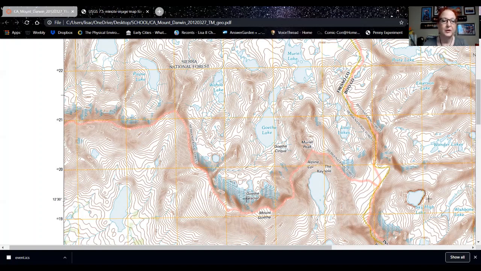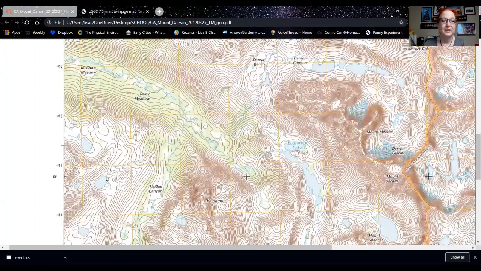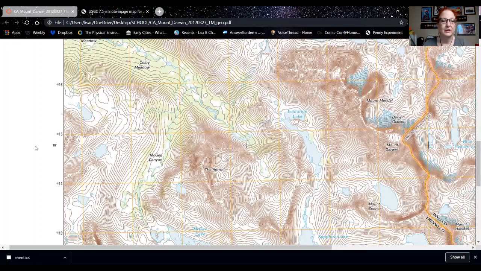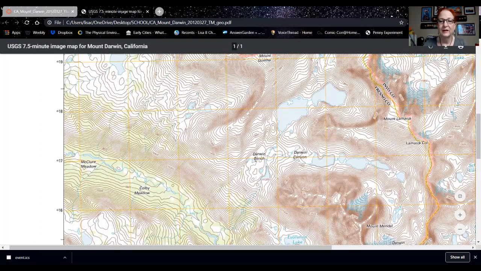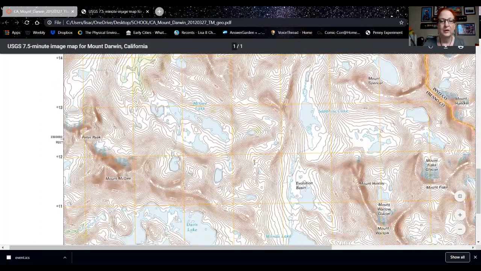But every 2 minutes and 30 seconds, there's another hash mark in the latitude. So here's another one at 10. And look, there's the little plus symbol right there. That little hash mark is to tell you that you've gone another 2 minutes, 30 seconds on the inside. And we move to the bottom here.